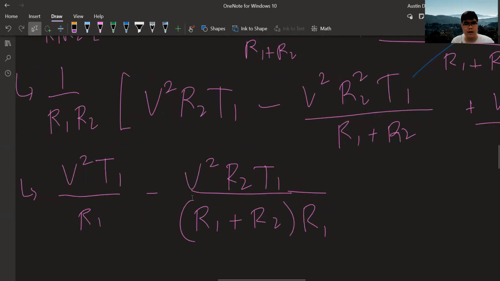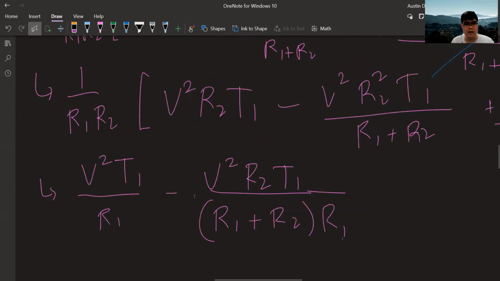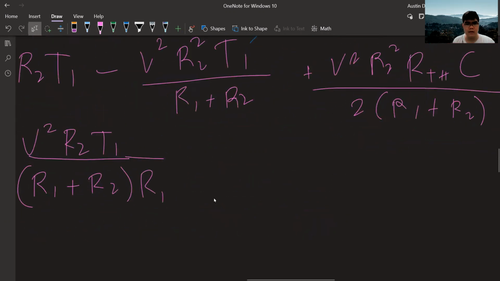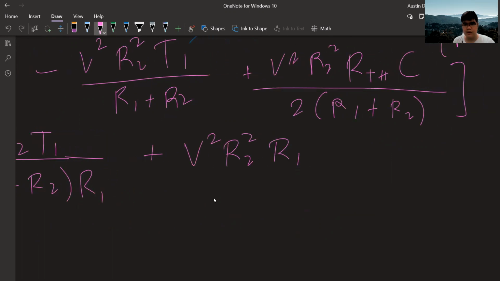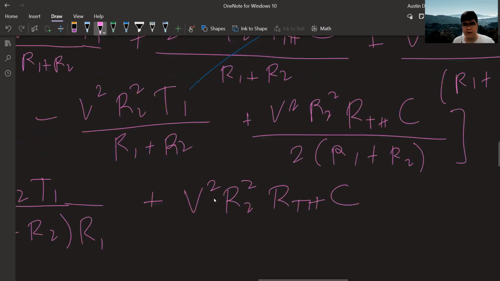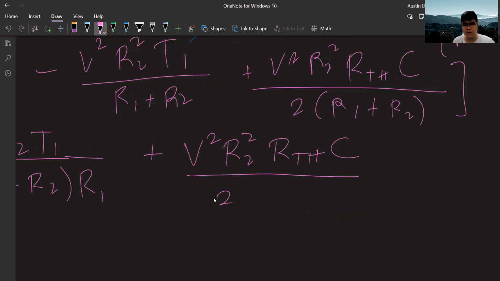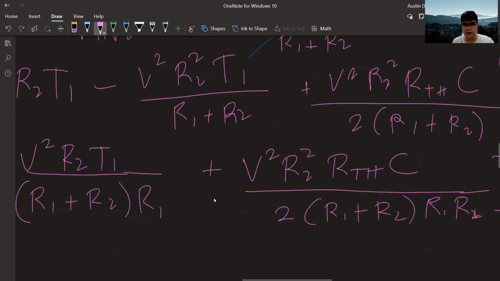Okay. And then plus V squared R2 squared RTH C over R1 plus R2. Tapos R1 and R2. Okay. Hindi ko muna siya cancel.